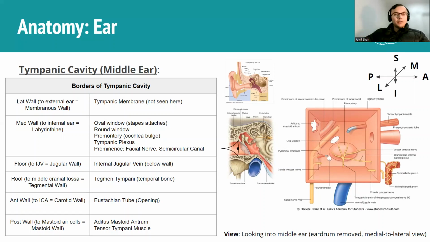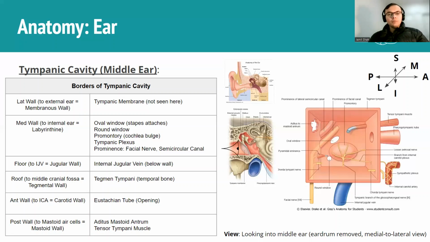It lies behind it, but it makes that bulge laterally. And then you have the tympanic plexus, which is a plexus of nerves that are formed on this promontory. And then you have the prominence of some structures such as the facial nerve, which runs through the facial canal, and the semicircular canal, which is again your inner ear structure that's sort of bulging through this wall. So you can see there's quite a few things here and there with the tympanic cavity.